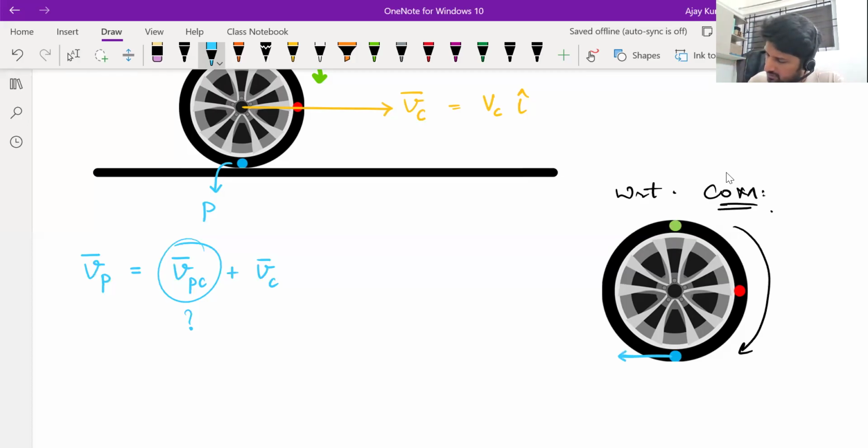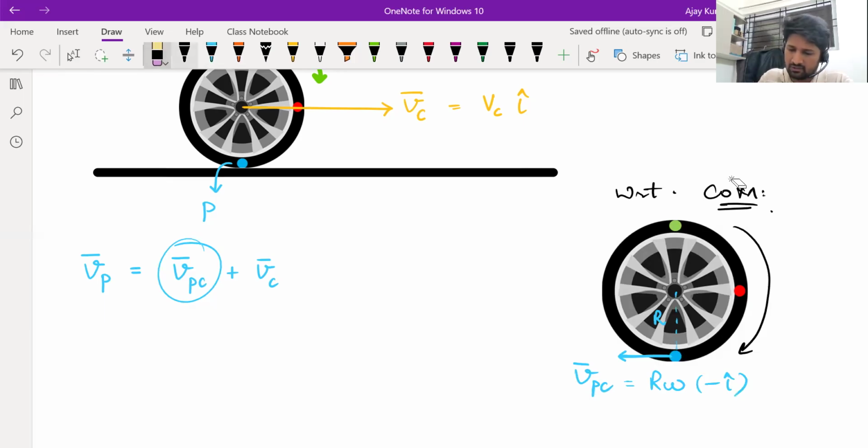So with respect to center of mass, P should be moving to the left because the wheel is rotating clockwise. And with what speed will it be moving? V is equal to R omega. Now, R is the radius of the wheel itself because the point P is on the rim of the wheel. Okay. So VPC, the magnitude becomes R omega. Direction is to the left. So if you want to write it as a vector, it will be minus R omega i cap or R omega in the minus i cap direction.